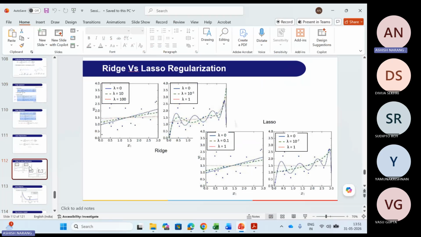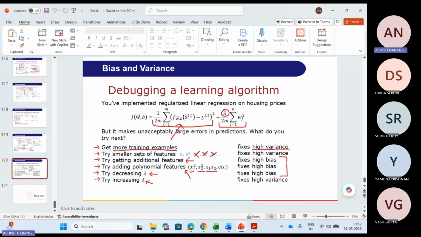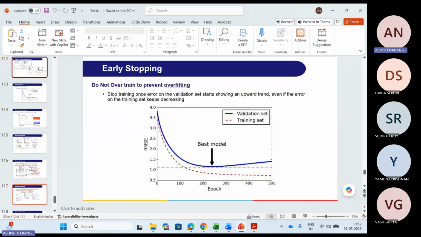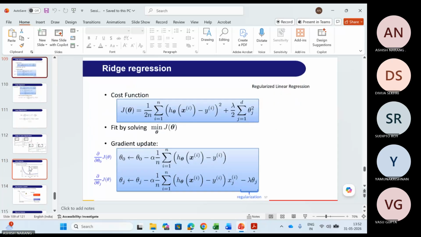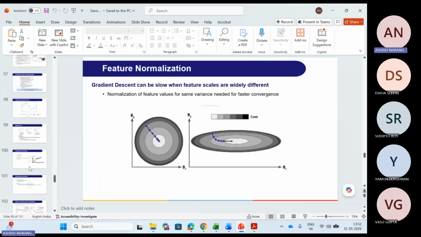Initially, it will be tough, but when you give it three to four readings, this will sit in your mind, and then you will be able to solve it. I think you have your assignment also completely on this, with lasso and ridge regression also included. So practically it has already been covered how to do that, but conceptually and mathematically, how these regressions solve it is now being covered in detail.